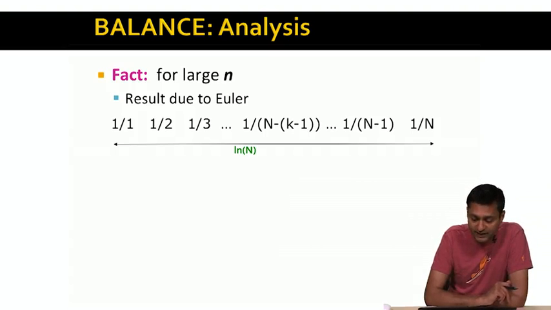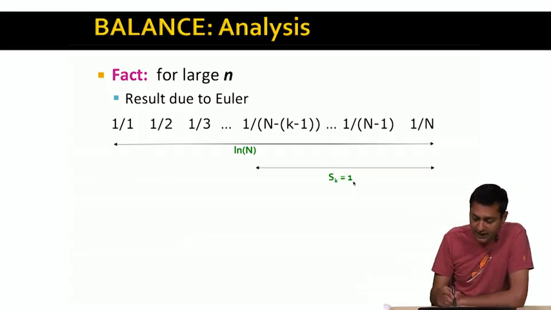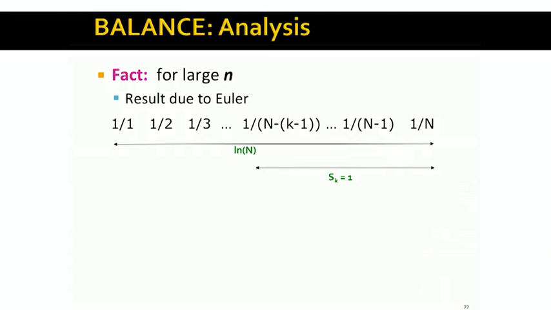Now what we've said is that we want to find the smallest k such that the sum of the last k terms of the series is equal to 1. If the sum of the last k terms of the series is 1, then the sum of the first n minus k terms of the series must be equal to ln n minus 1, since the sum of the whole series is equal to ln n.